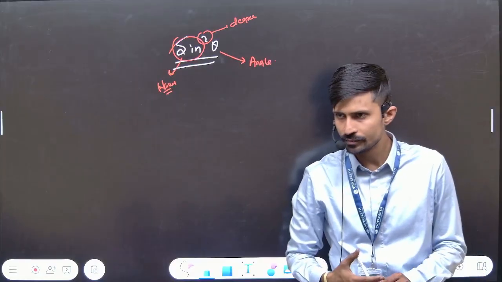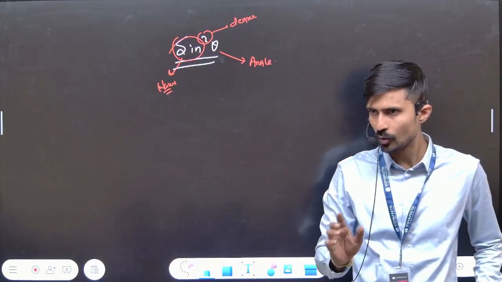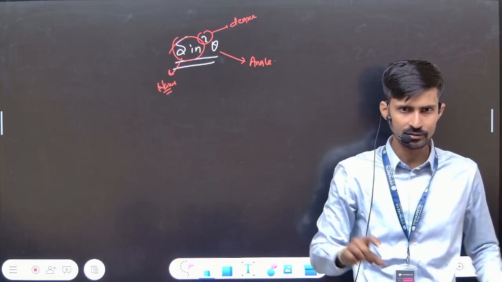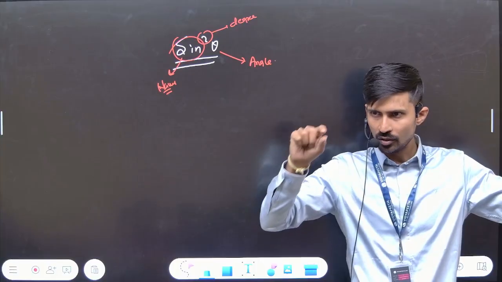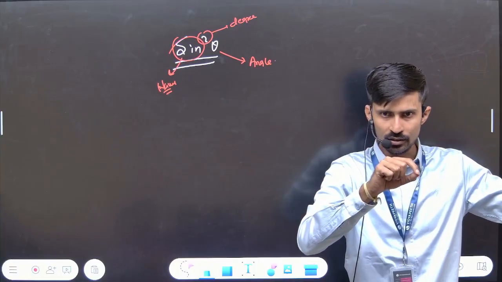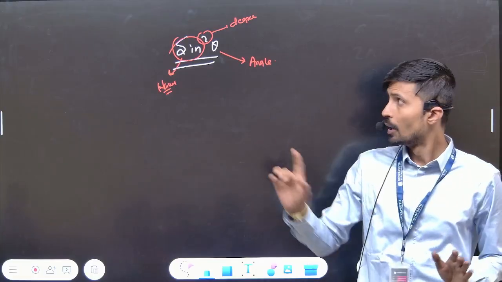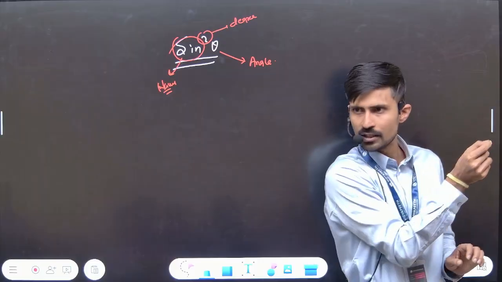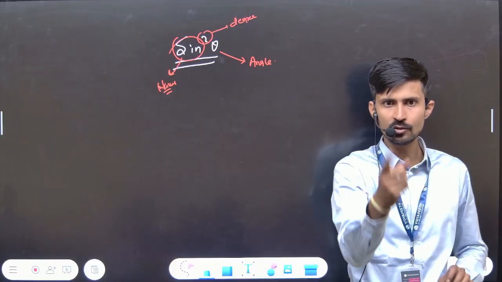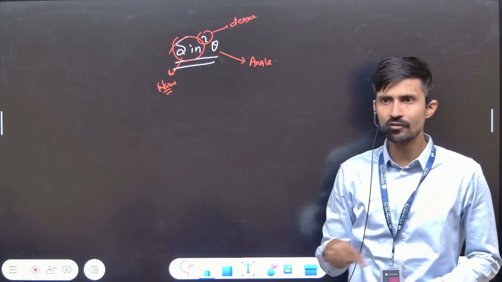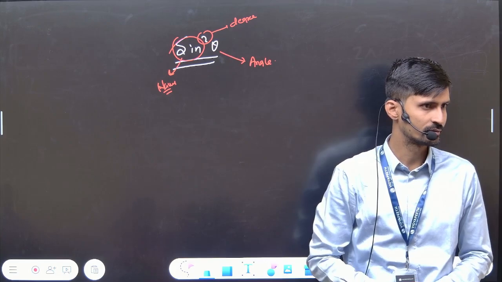Okay? So we need to make sure that degree can vary. In one question, one degree is 2, other degree is 1. That we can allow, but name should be the same. If name is different, we cannot solve the question. If angle is different, we cannot solve the question.